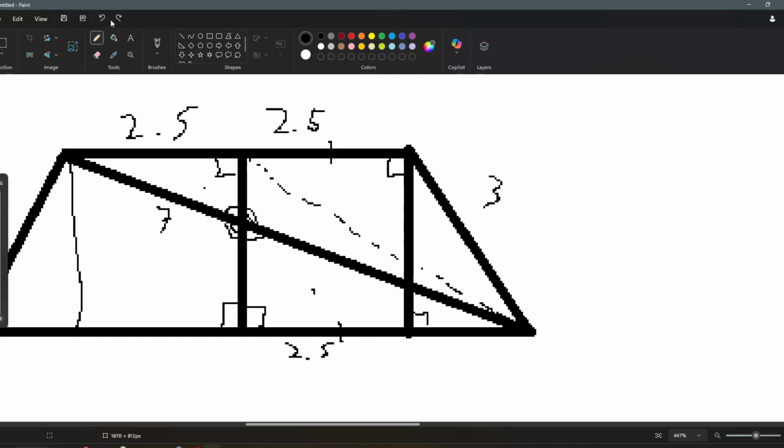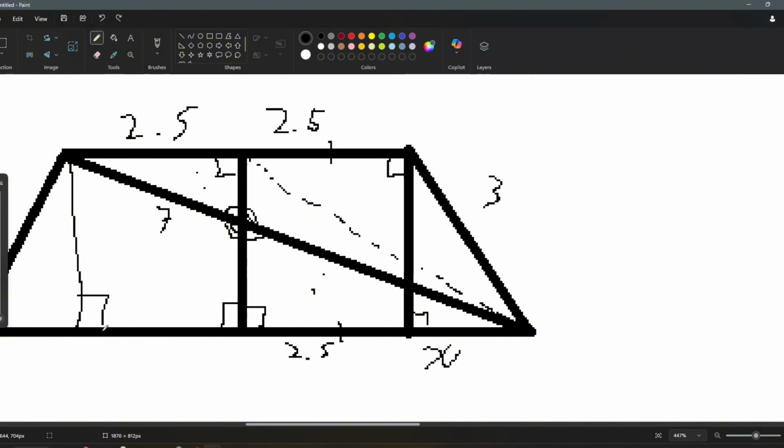So here we're trying to find x. This is a similar triangle to this, which is a similar triangle to this. But we don't know the... Oh, we're close.